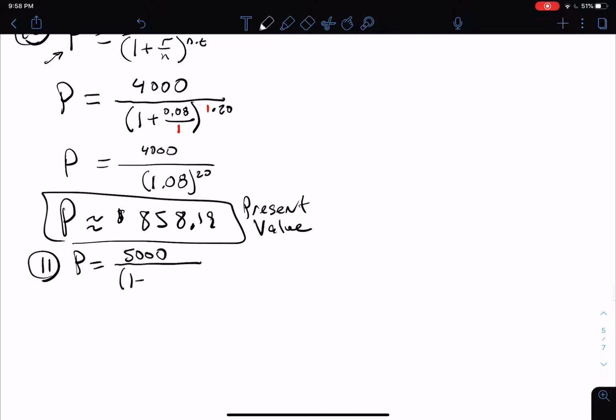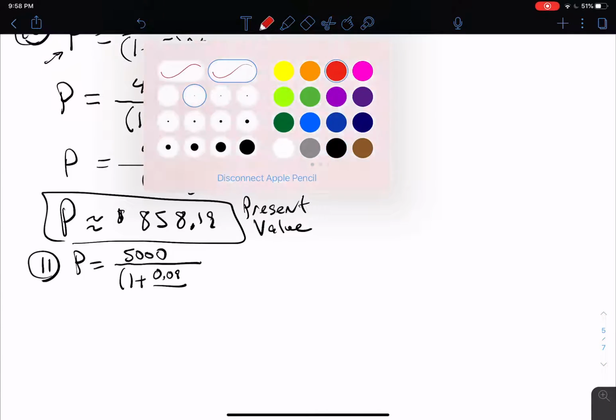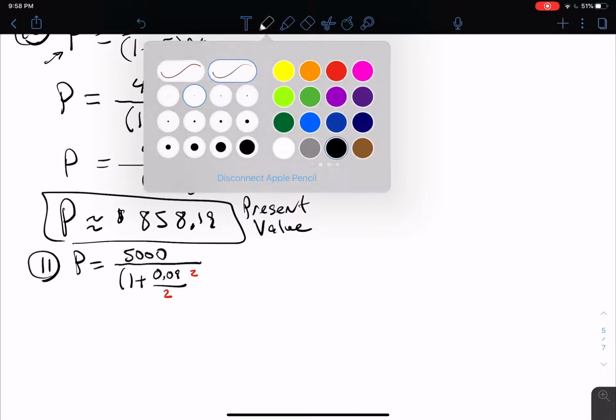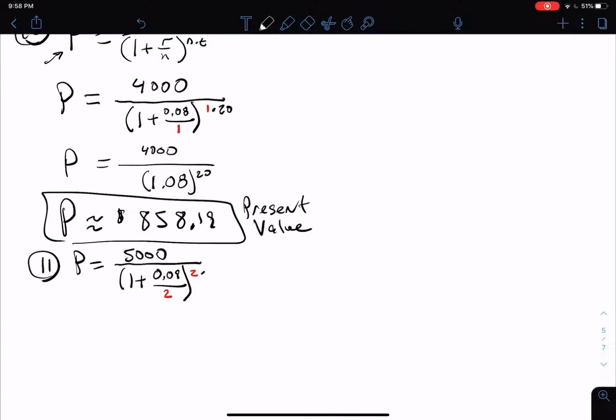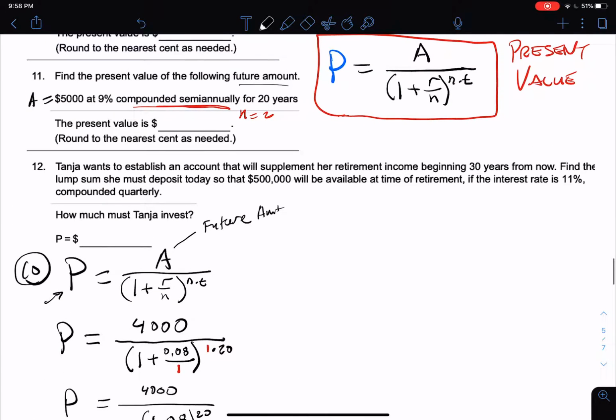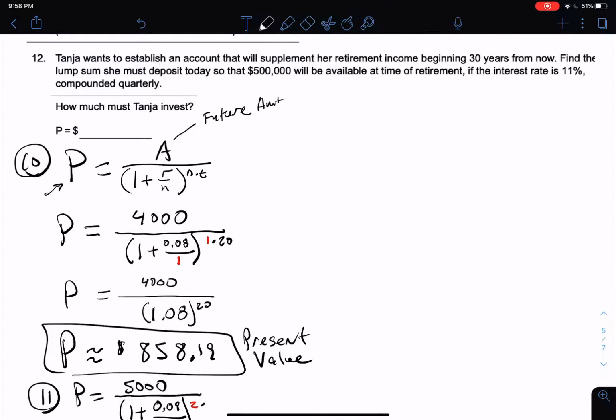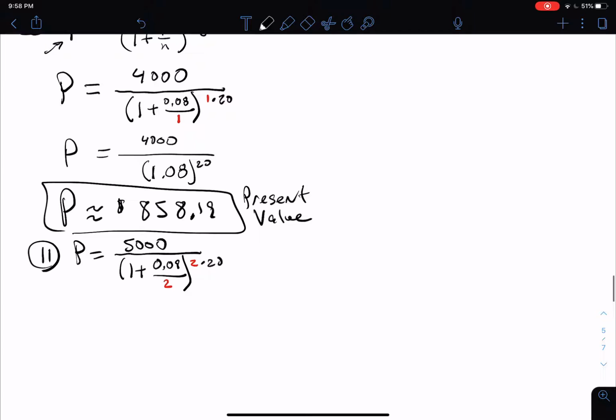divided by 1 plus the interest rate of 9% divided by compounded semi-annually, so that has to be a 2, raised to the 2 times the number of years, which is 20. So that's going to be 20.